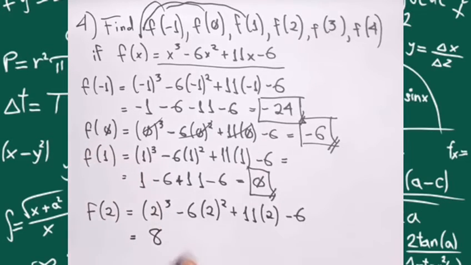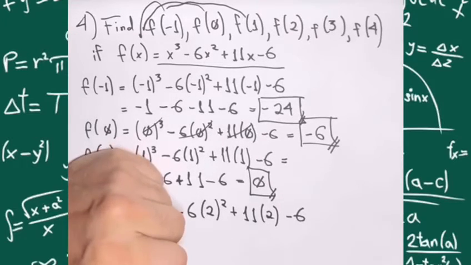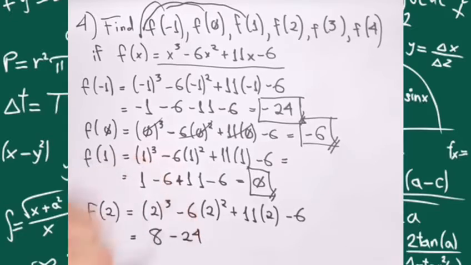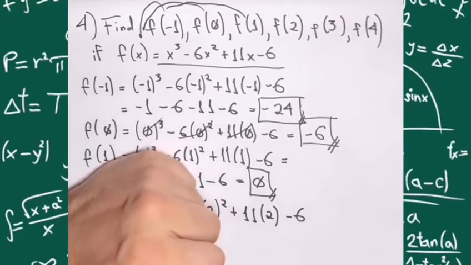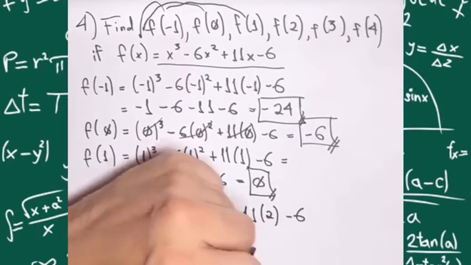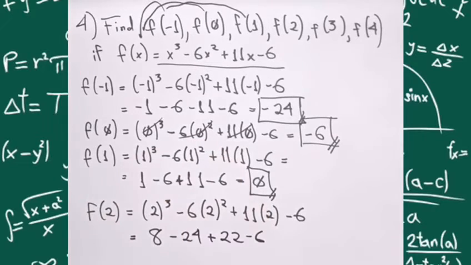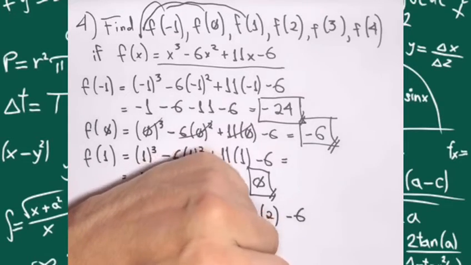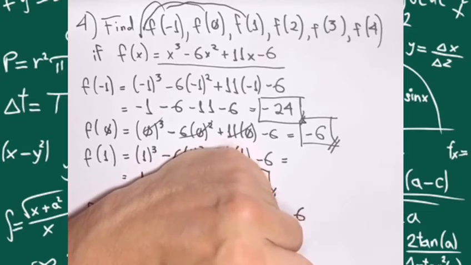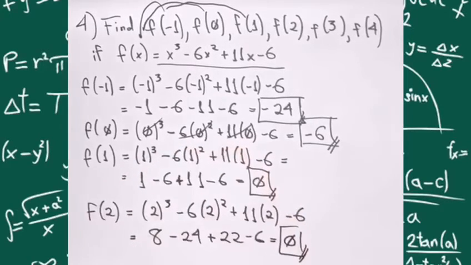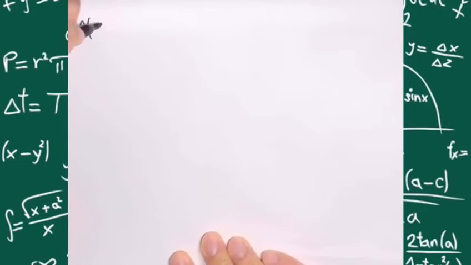And then minus 6 times 2 squared, which is 4, and 4 times 6 is 24. And then finally, plus 11 times 2 is 22, minus 6. Again, all we did was replace the 2 where we saw an x and then just operate. Now we add the positives. 8 plus 22 is 30, and then minus 24 minus 6 is minus 30, so the result is 0. And there you go.